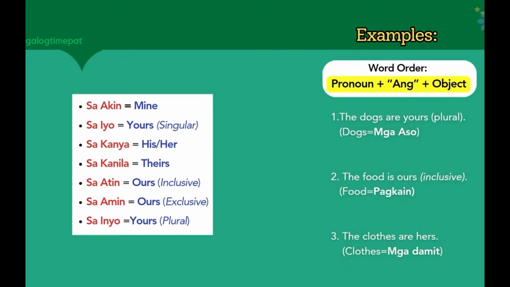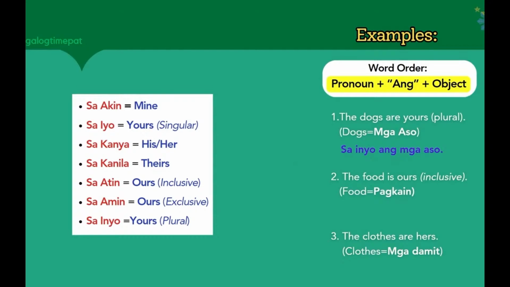All right, so let's start with number 1. The dogs are yours, plural. Sa inyo ang mga aso. So the pronoun is sa inyo, which is yours, plural. Ang, and then it's the object, mga aso. Mga makes it plural. So sa inyo ang mga aso, the dogs are yours. Number 2, the food is ours, inclusive.